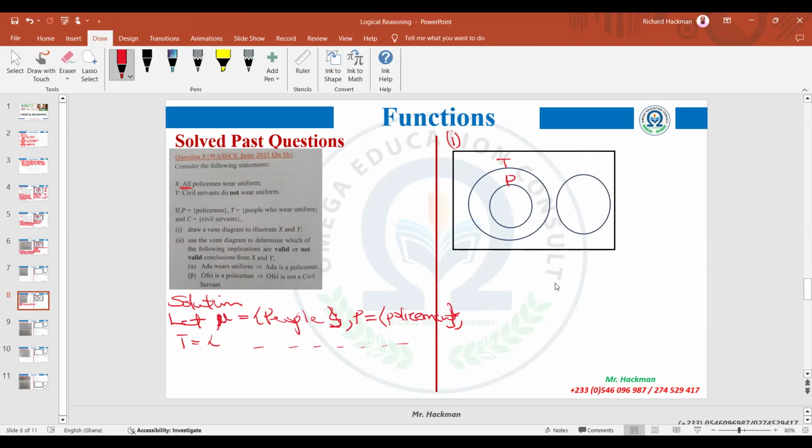So I'm going to have my C here. Okay, so my Venn diagram is done based on the two statements. So we are going to move on to the I. So I, what do we have? The names.